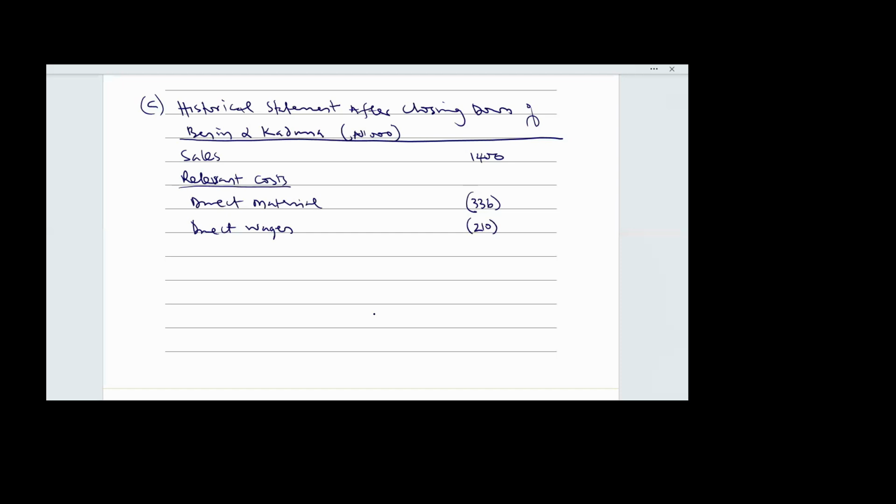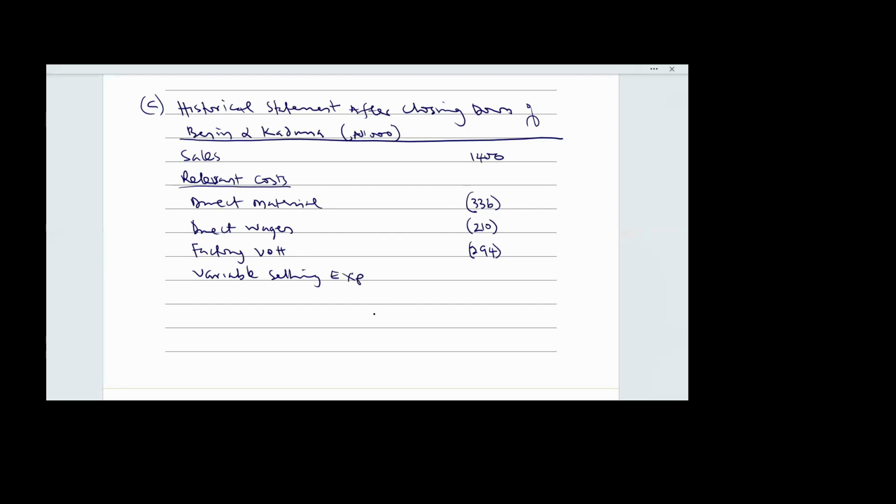Then we have factory variable overhead, which is 294,000. We also have variable selling expenses. Let me write it out in full because of the space. Variable selling expenses.